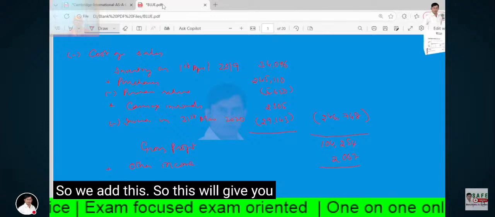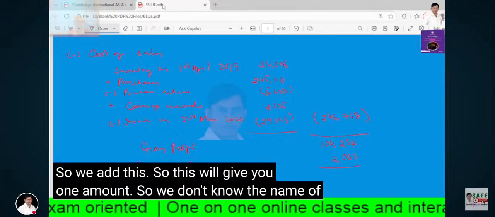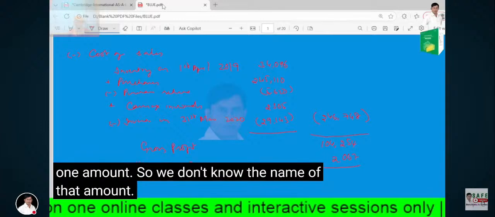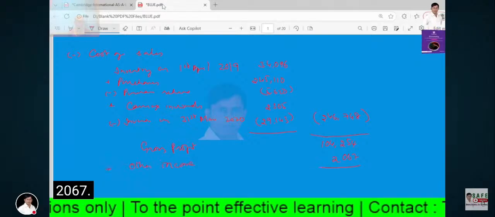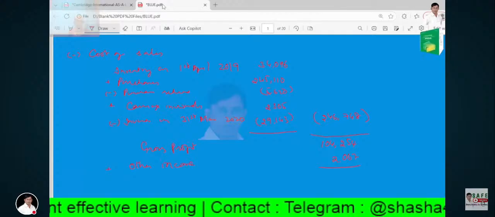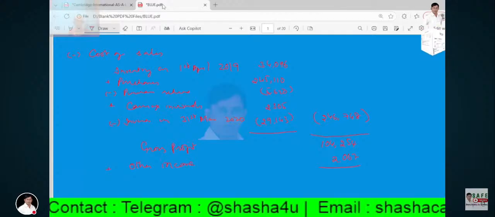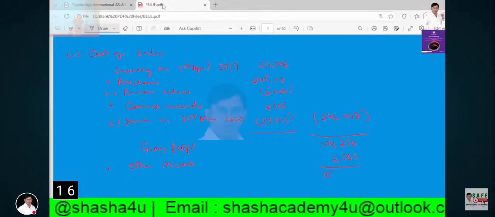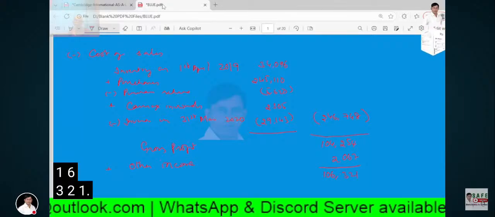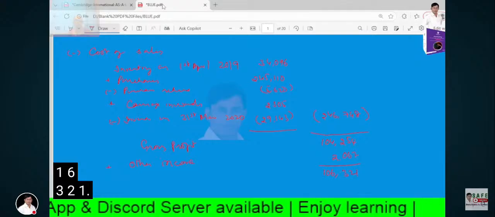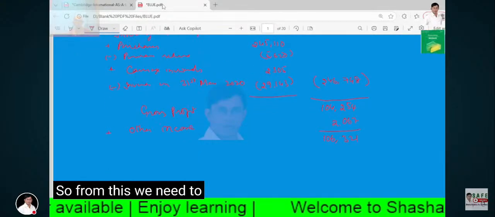So this will give you one amount. We don't know the name of that amount. 10632. So from this we need to take out expenses.